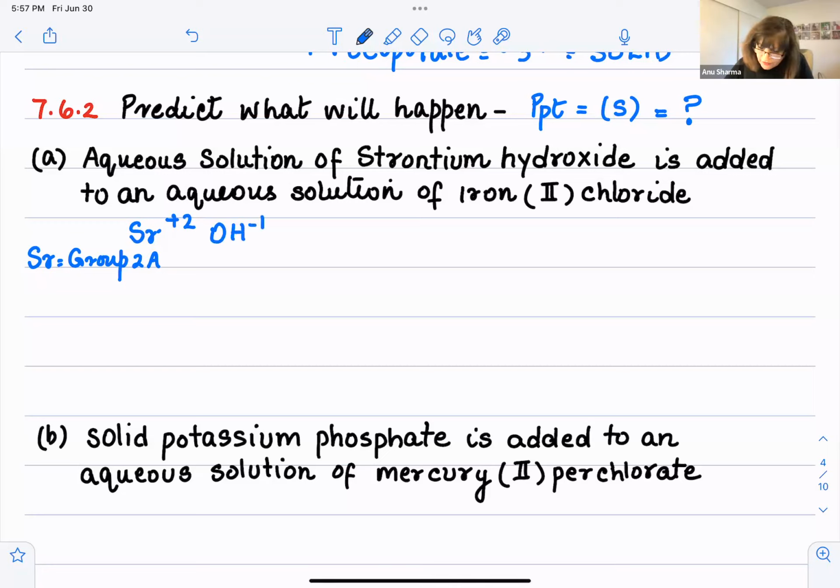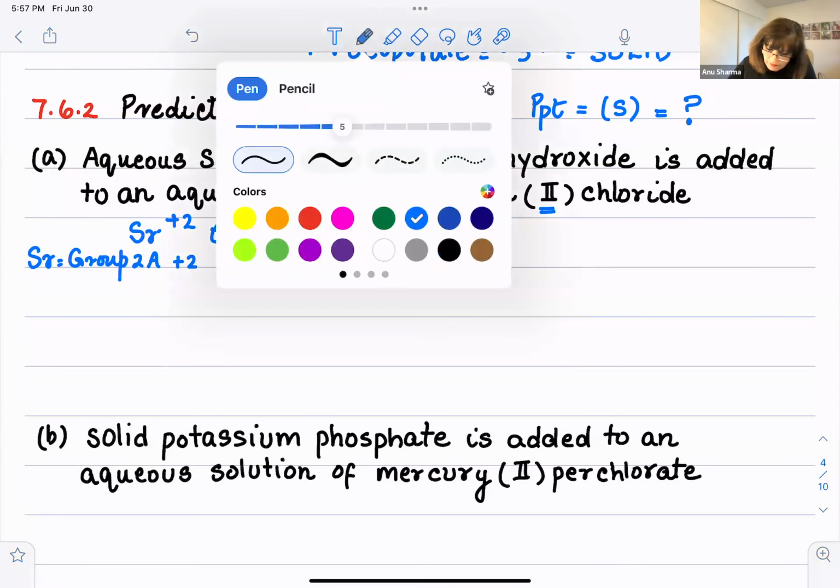It is added to an aqueous solution of iron 2 chloride. Iron 2 means +2 charge. How do you know it's +2 charge? From the name. And chlorine is in group 7A. The charge for 2A is +2, and 7A charge is -1.